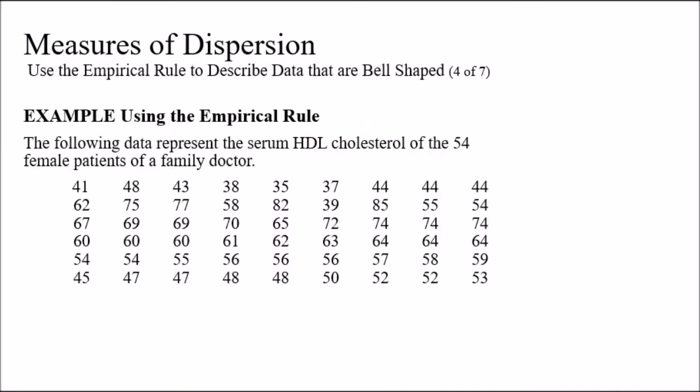Now let's look at an example to illustrate the empirical rule. The following data represents the serum HDL cholesterol of the 54 female patients of a family doctor, and the raw data is stated below.